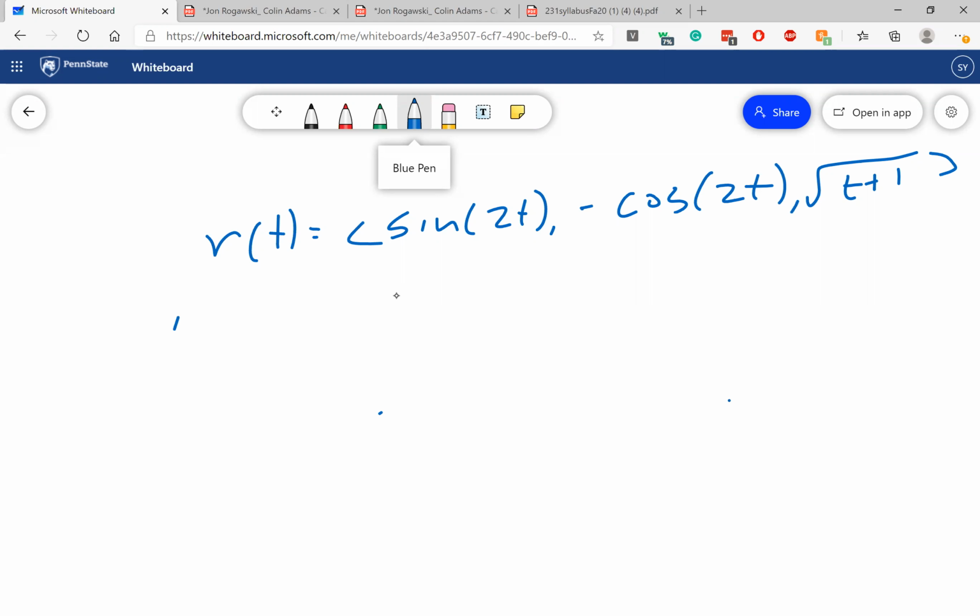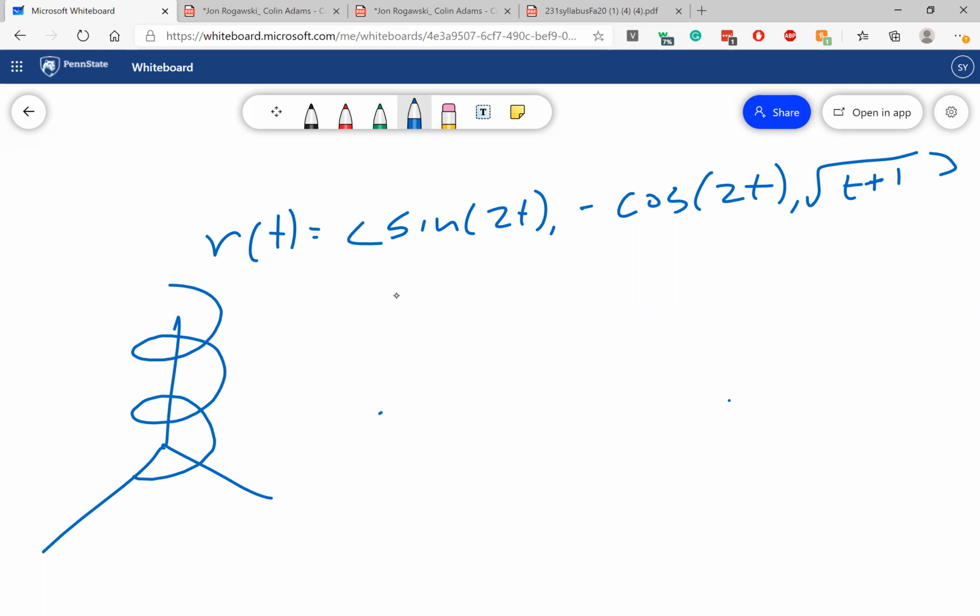This would look like a helix. The sine and the cosine, as usual, make this circle, and this is increasing. It's the square root of t plus 1. If t is very negative, then this is not defined, so the helix would stop there, but for a while at least, the helix goes.